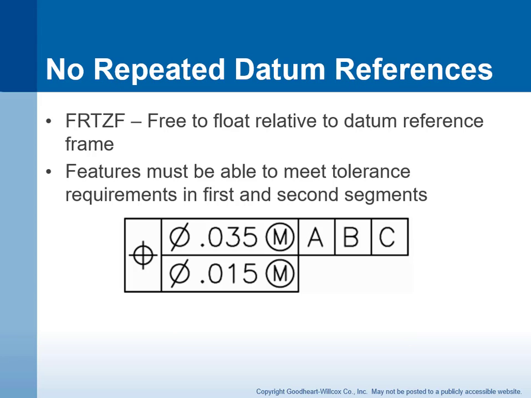First of all, no repeated datum references. Your feature control frame is going to look like this. The feature locating frame is free to float relative to the datum reference frame, and the features must be able to meet the tolerance requirements in the first segment and the second segment. They have to meet both of them.